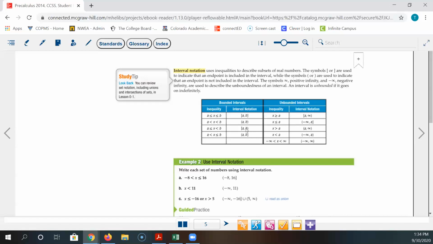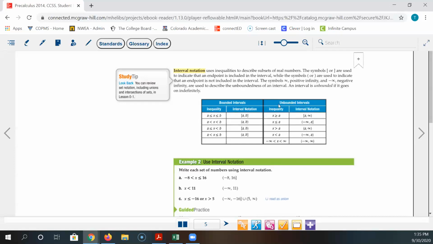You always want to put the bracket next to the number that is included in that set, with a parenthesis next to the numbers that are not included. So these are your bounded ones. That's when X falls within a certain range of numbers.